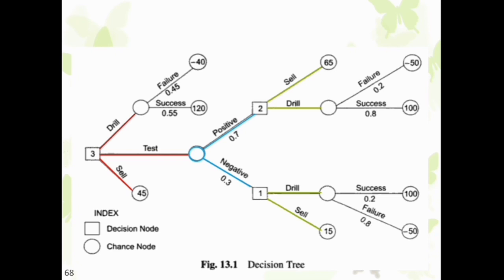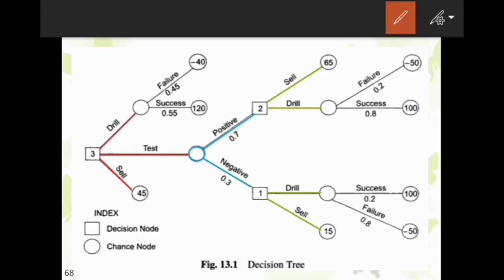Once we have constructed the decision tree, after the drilling operation, again there is a chance of failure and success. The probabilities are given in the table. You just understand that these are all chance nodes.